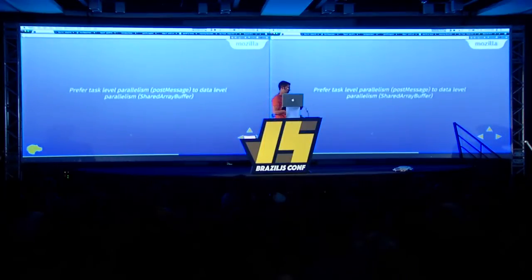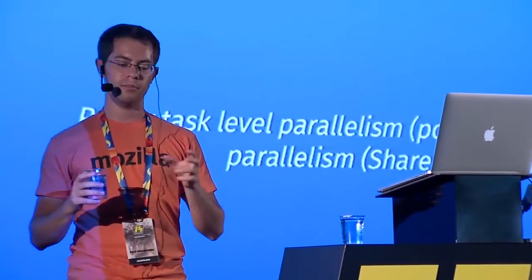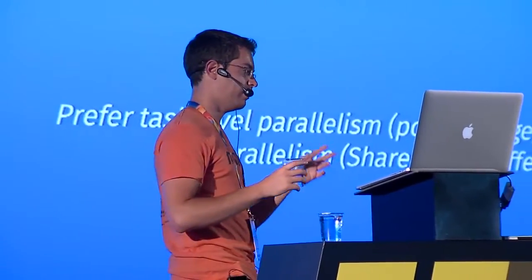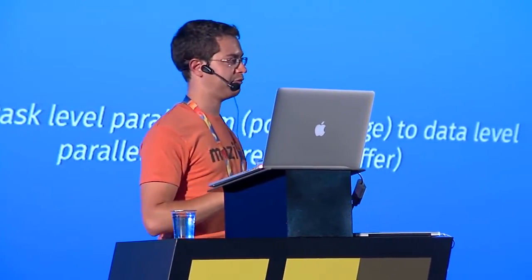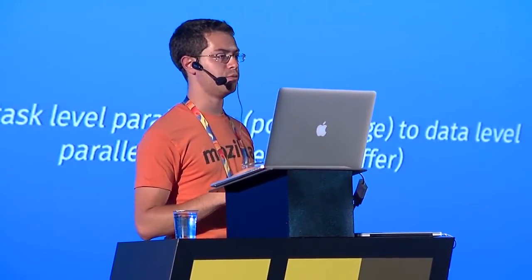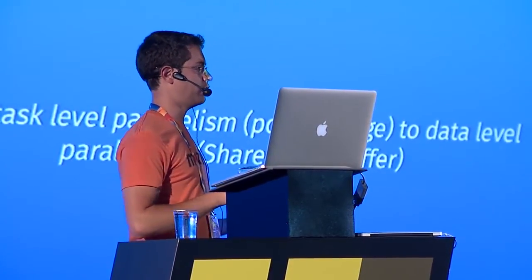So my advice is always to prefer task-level parallelism with postMessage and transferring the ownership of typed arrays to data-level parallelism with SharedArrayBuffer. But with that said, sometimes having a thread-safe data structure can be really important, especially for very performance-critical applications like real-time rendering and game engines.